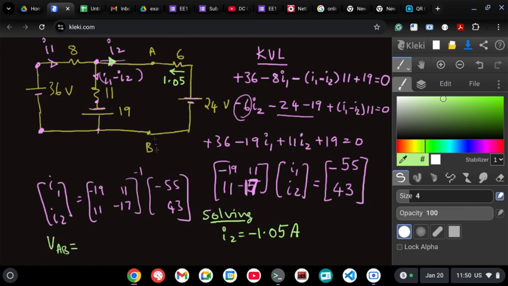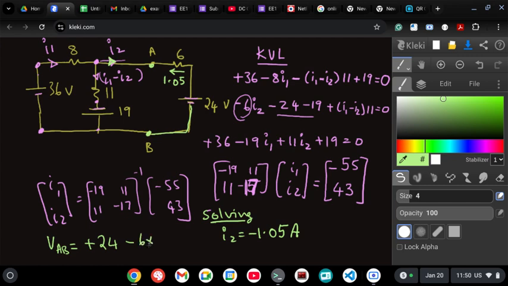VAB is nothing but KVL from B to A. From B I go like this, then my voltage rises, plus 24. Then I am going in the same direction of my current, so my voltage should fall.